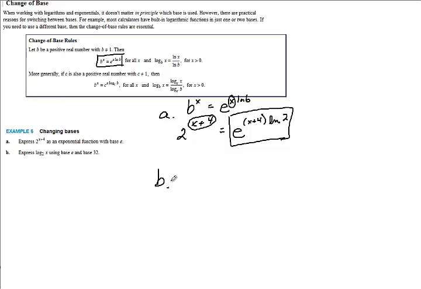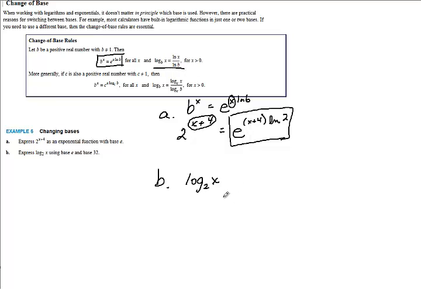For the B part, I'm wanting to take log base 2 of x, and this actually has two parts. They want me to rewrite this so it has log base e, which is this part right here.